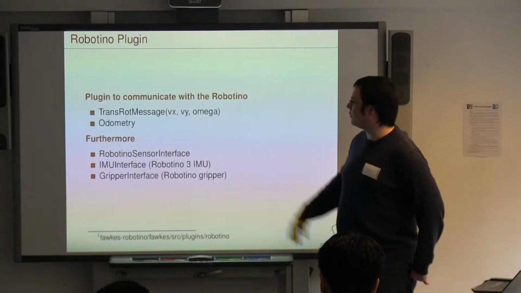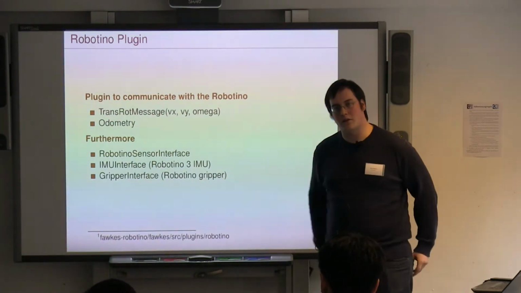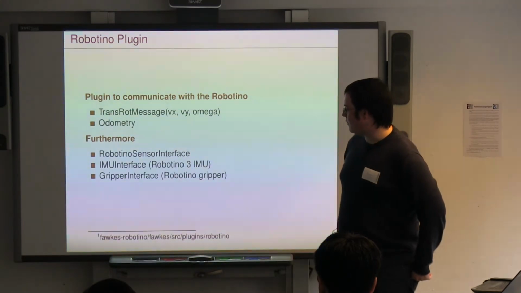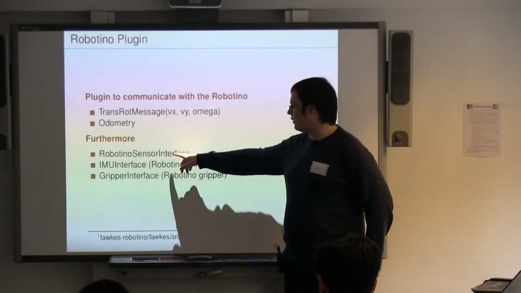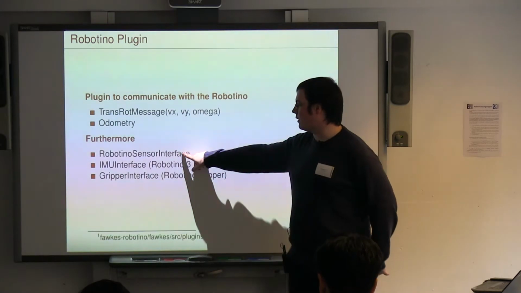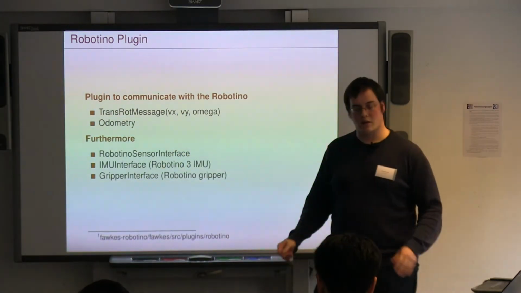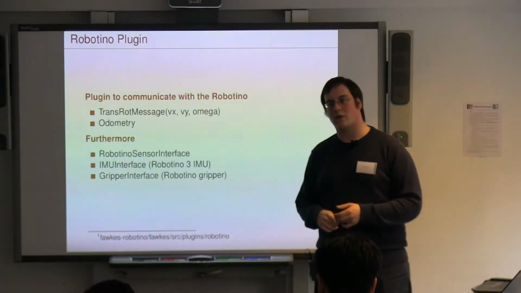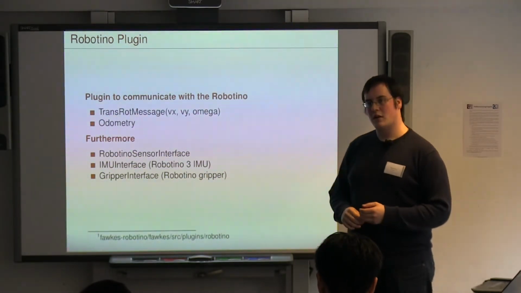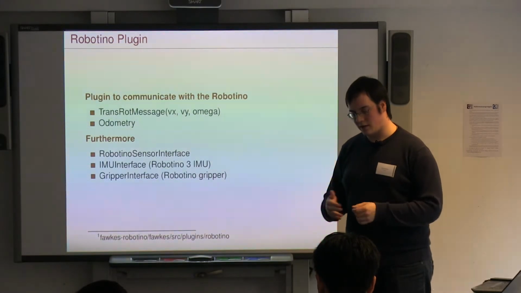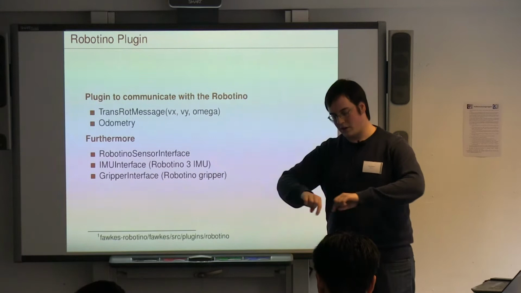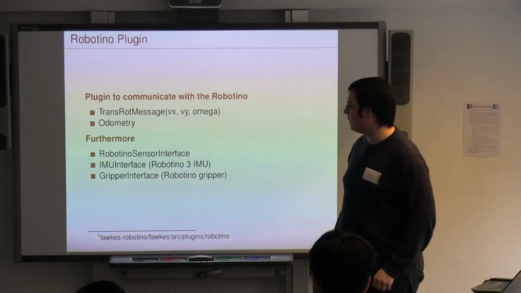And to communicate with the Robotino, it uses the Open Robotino API. It also publishes a Robotino sensor interface, which gives you information about the sensors on the Robotino platform: the AD sensors, where we sometimes connect light signals, or the infrared sensors that are wired around it, and all these things.